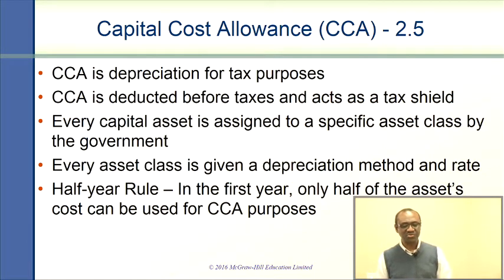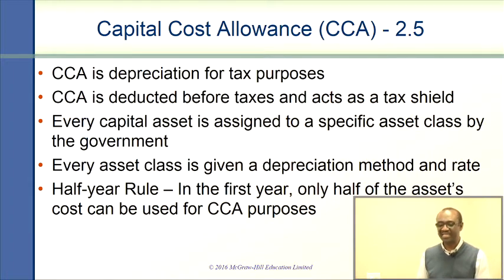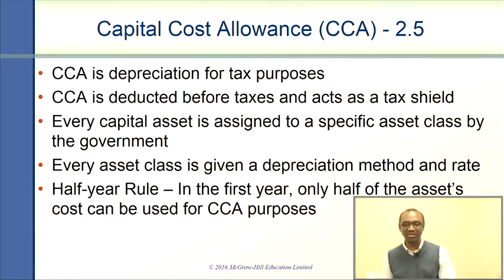That's what it is. So every capital asset is now assigned a specific asset class by the government, which is not universal. And every asset class is also given a depreciation method and rate. Also, regardless of the period when those assets are acquired, the half-year rule applies.